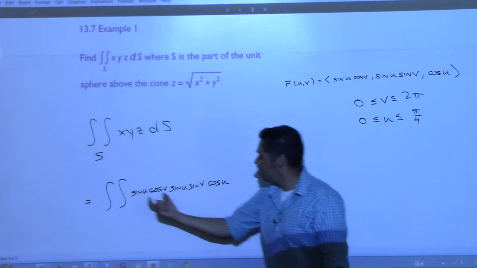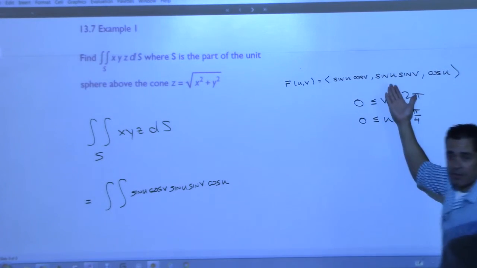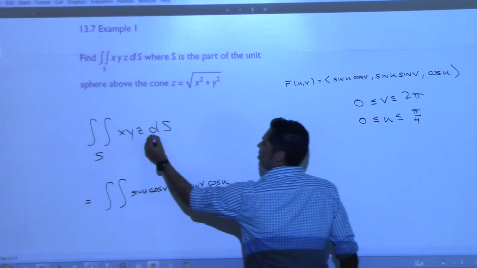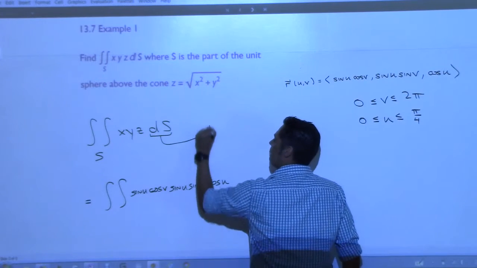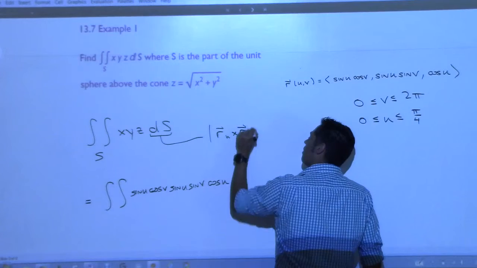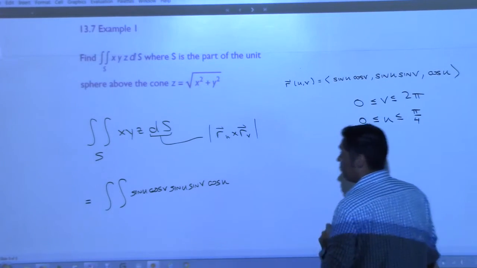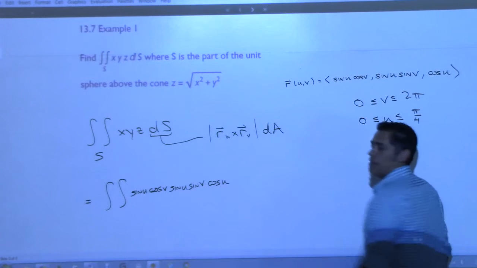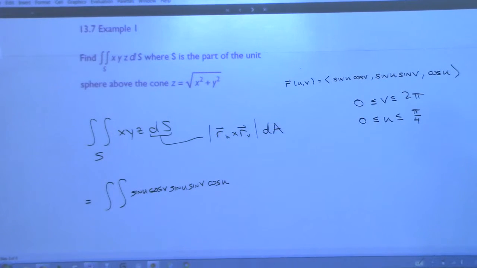So that's just x, y, z from the vector function. And then I need dS. Now remember what dS was. dS was the magnitude of the cross product of the partial derivatives, dA. That's what that is.